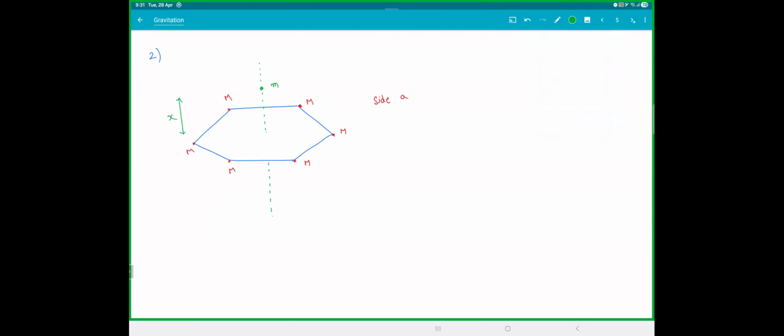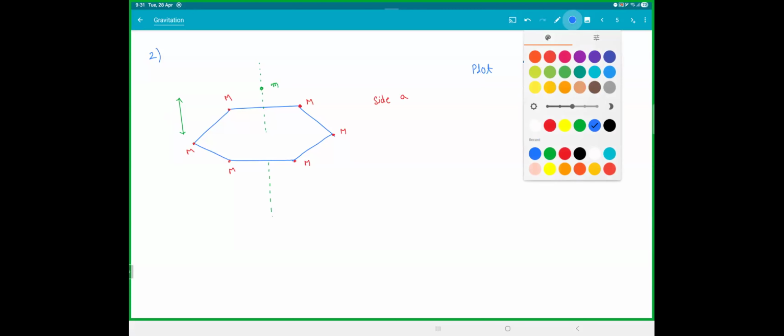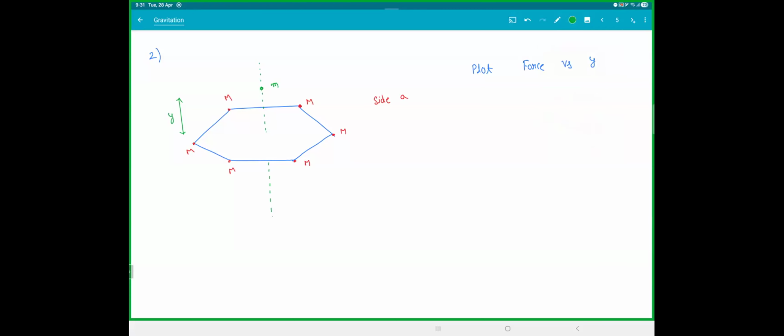This distance is x. Let's call it y. Plot force on this particle versus y. If y is much smaller than a, find the time period for small oscillations. So if you leave this particle from small y, then what is the time period?